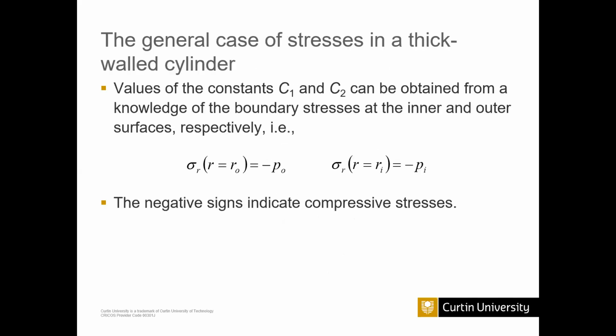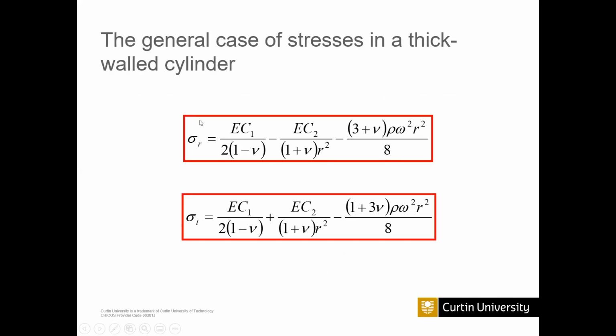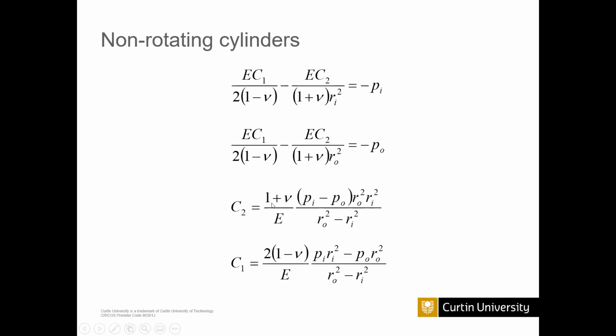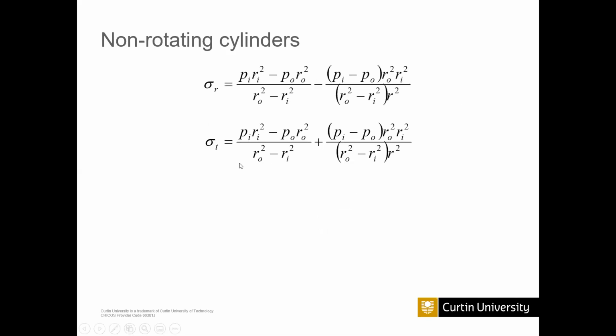Sometimes you will be surprised because there was E divided by 2(1 minus nu), but here you can see 1 plus nu divided by E, so it will be cut off. So there is no material constant nu or elastic modulus. And this is the tangential stress.